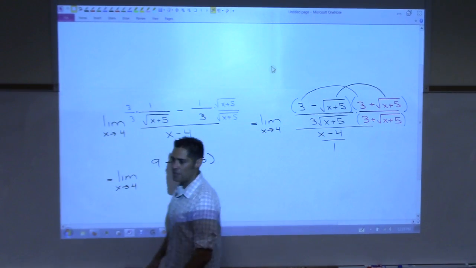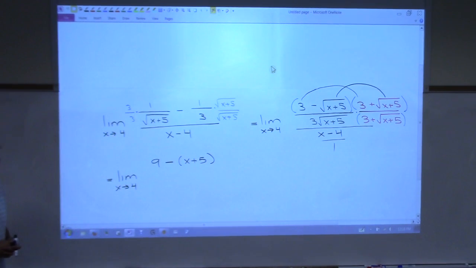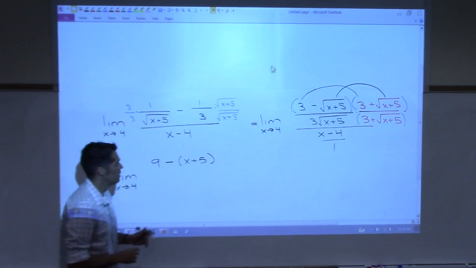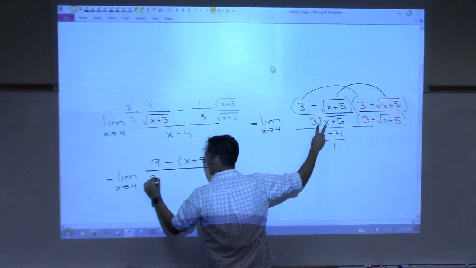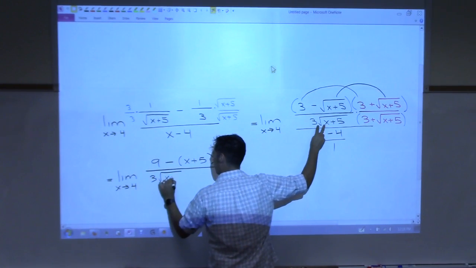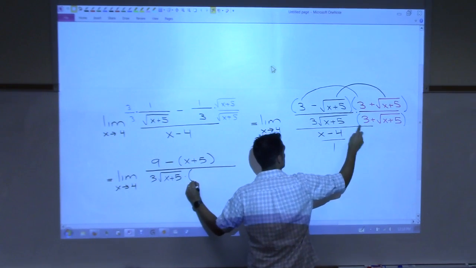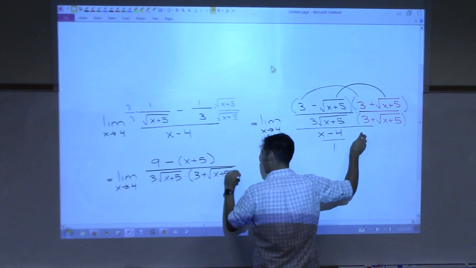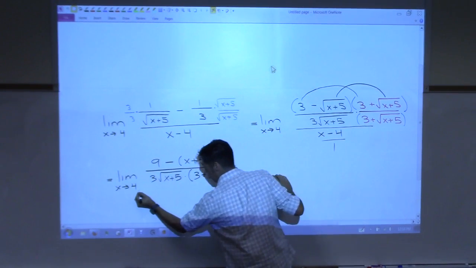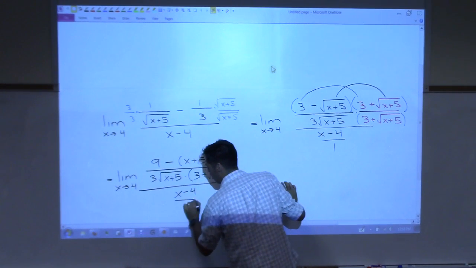And you need that in parentheses because the minus will have to distribute to both of those. Over, now this is ugly. I have 3 times root x plus 5 times, in parentheses, 3 plus root x plus 5 again, close parentheses. All of this over x minus 4 over 1.